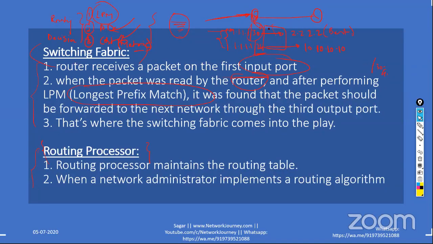Now let's say the same diagram, and I write it in this way. I have a router here and a router here. Over here I am running EIGRP, and over here I am running OSPF. Now some packets come to me, like 1.1.1.1/24.